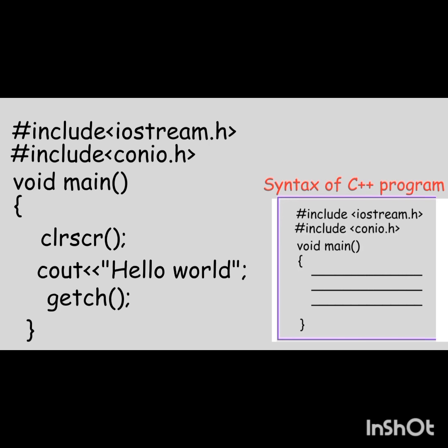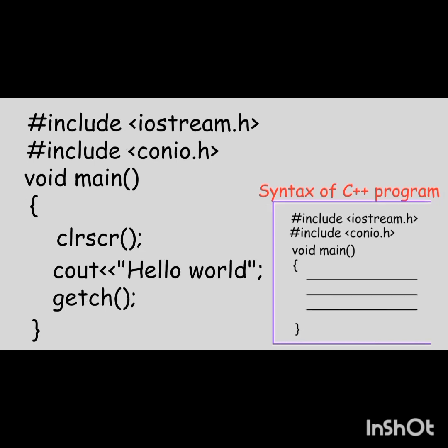So next we have the line cout, then angular brackets and hello world in inverted commas. Cout is responsible for displaying the output on the screen. So this line will print hello world on the screen. This line is again followed by a semicolon.